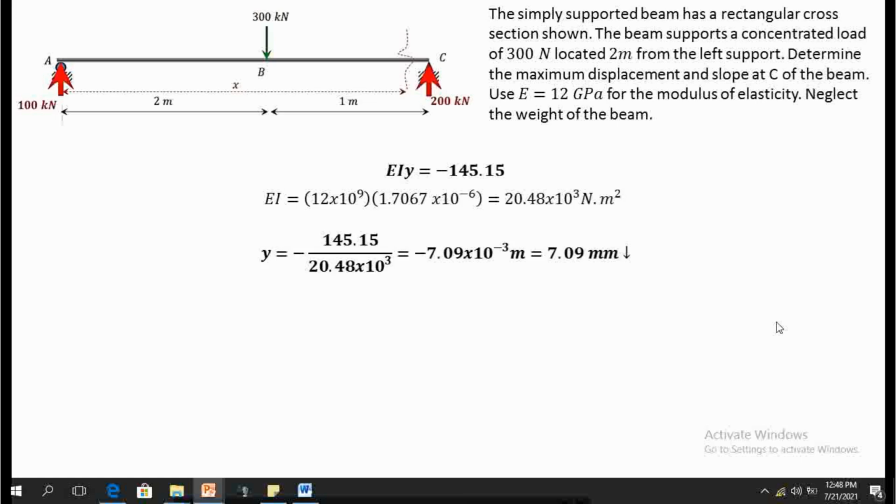Substituting the value, my Y is equal now to negative 7.09 times 10 raised to negative 3 meters. In millimeters, the value of my Y is equal to 7.09 millimeters. Inalis ko na ngayon si negative. Ang magiging direction ngayon ng aking deflection is downwards. Again, yung negative value dito, it indicates the direction of your deflection. Right?